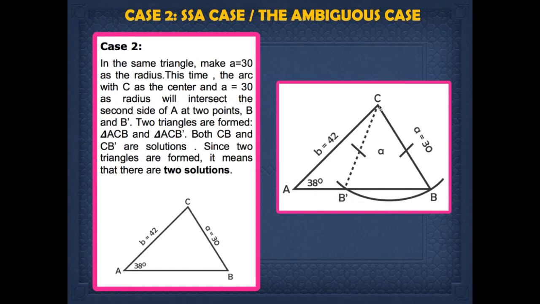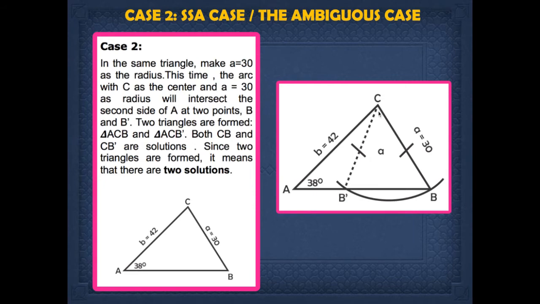Now, again, from the center, you draw a radius with 30 as the length. So this side a is equal to 30. And this is another radius that we can draw, which is also 30 units.